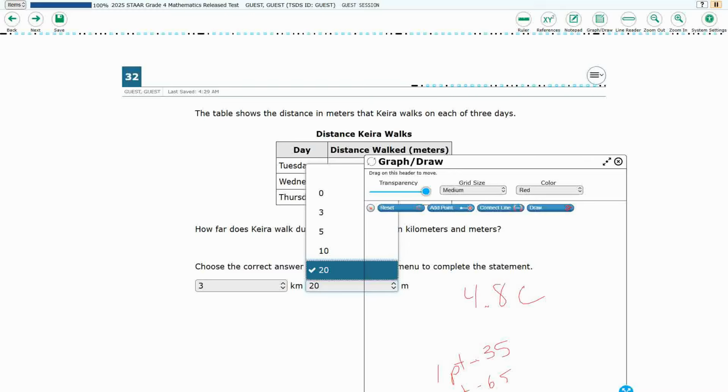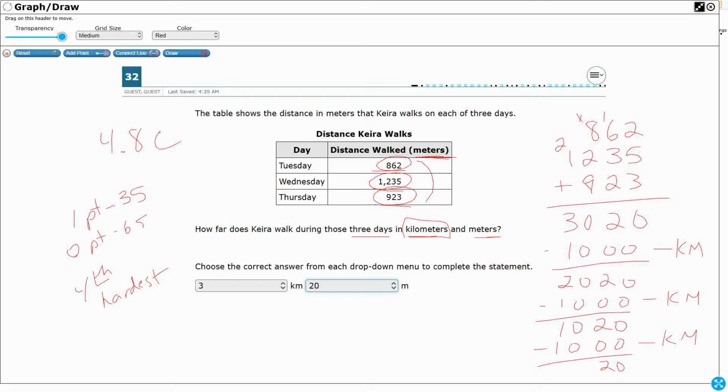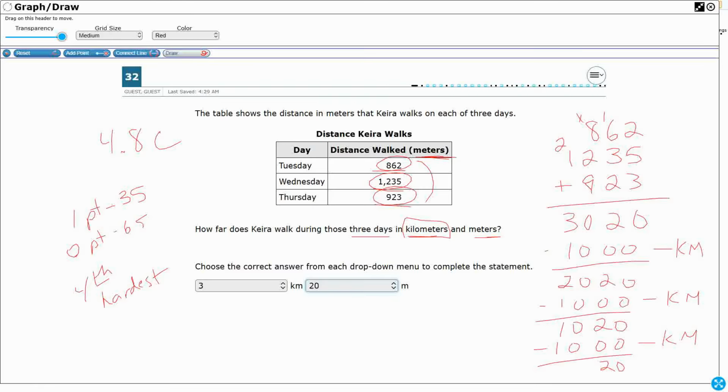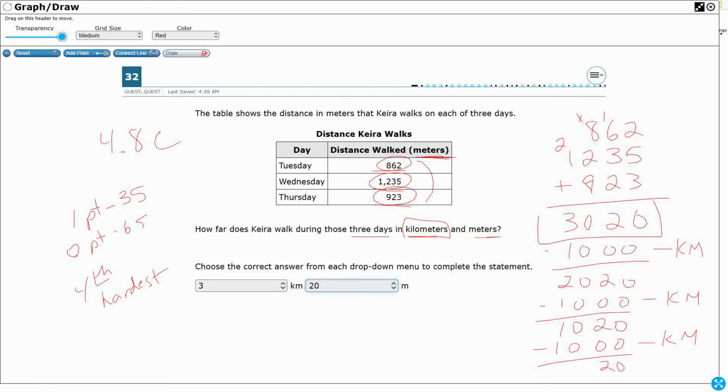There are different ways that we could have gotten around it, but we couldn't have just been stuck on step 1 and then entered this as an answer, because 3020 was not one of the options. We have to take these units and then convert them. And so this is just one method of subtracting sets of 1,000. There are different ways you can visualize it. You can divide it, and then your remainder is going to be the amount in the meters, but then you're dividing with, like I said, a divisor of 1,000, and that's going to be a bit much.